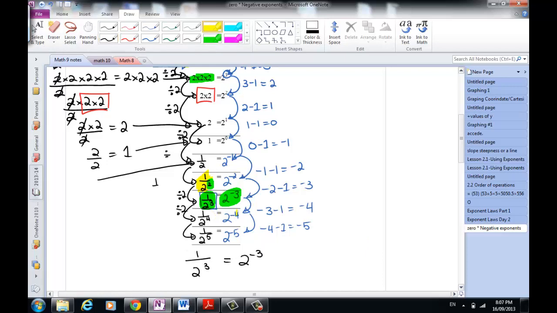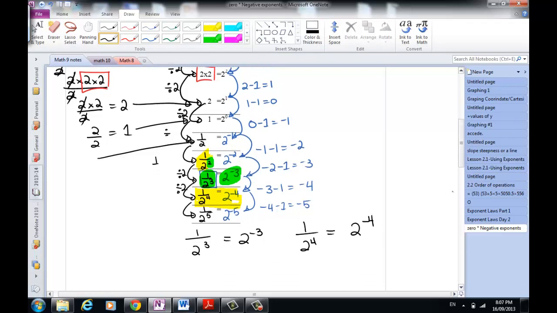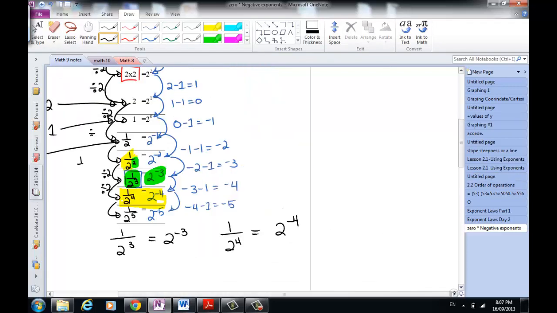The yellow piece here, I've got 1 over 2 to the power of 4 is equal to 2 to the negative 4. And if we look at one more, 1 divided by 2 to the power of 5 is equal to 2 to the negative 5. What I want you to notice is that what's happened is I've taken the reciprocal and the exponent has become positive.